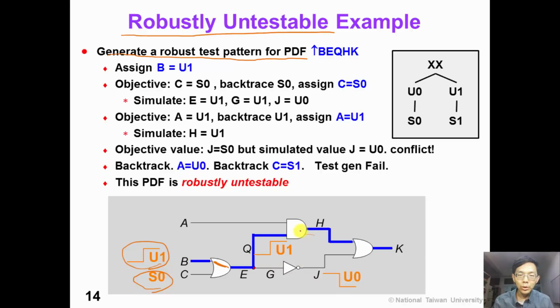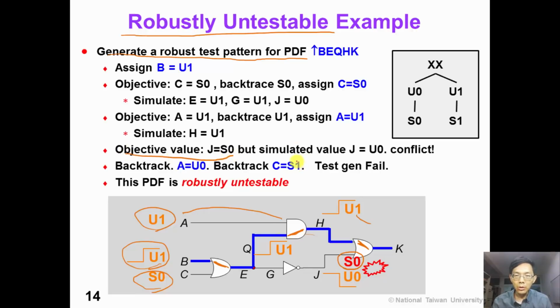Now we want to robustly sensitize through this AND gate. So we backtrace to A and assign A to be U1. Now we run a simulation and we would like to robustly sensitize through this OR gate. Because 1 is a controlling value for the OR gate, we would like the side input J to be static 0.